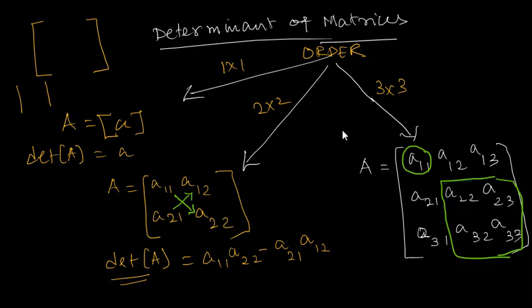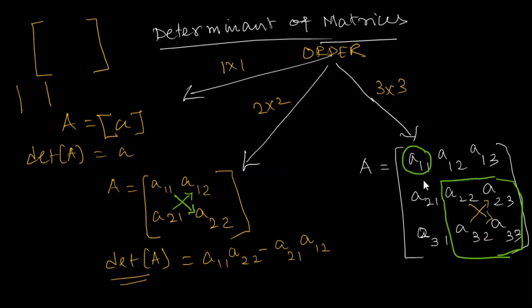So what we have to do is multiply similarly: A11 into A22 into A33. We'll be discussing cofactors and minors for solving a 3 by 3 determinant in detail. Anyway, that is A22 into A33, and similarly minus A32 into A23.